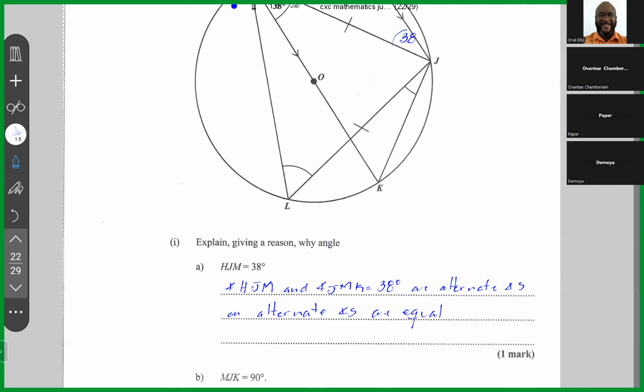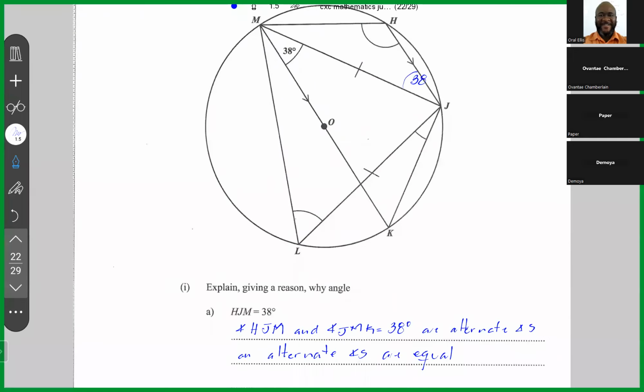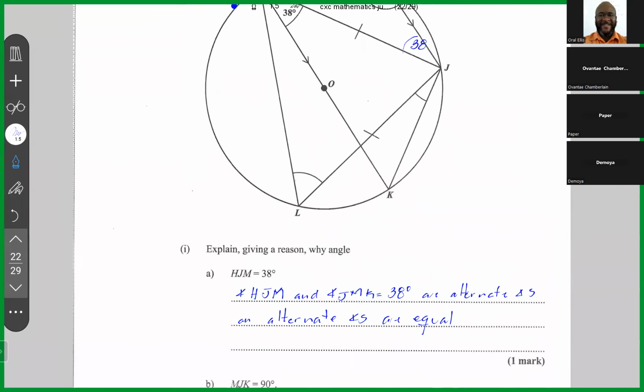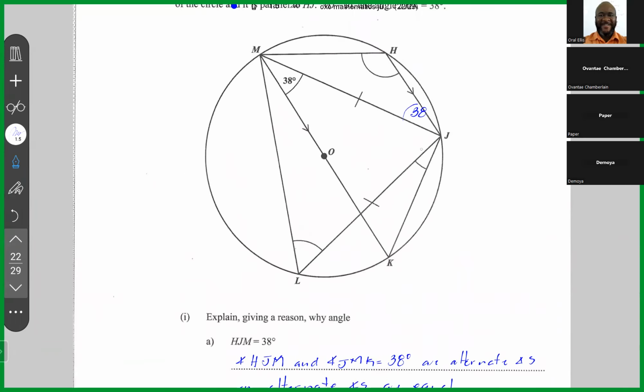All right, so the next angle, we need to explain why MJK is 90 degrees. MJK is this angle here, and we're told that it's 90 degrees. First of all, MK is a diameter, and the diameter divides the circle into what? Into semicircles.